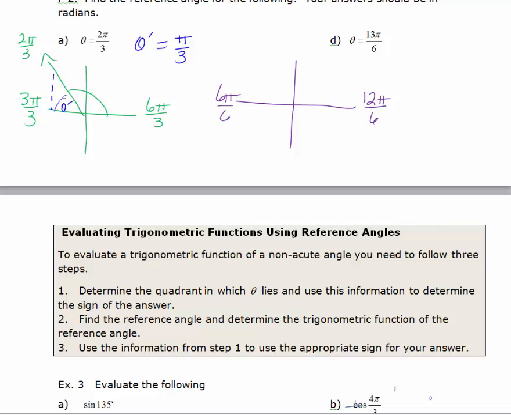So I know if I go all the way around one rotation, I'm at 12 pi over 6. I need to go 13 pi over 6, which is just one more pi over 6. This is 13 pi over 6. And so theta star is going to be this little acute angle in here, and theta star is just going to be 1 pi over 6.